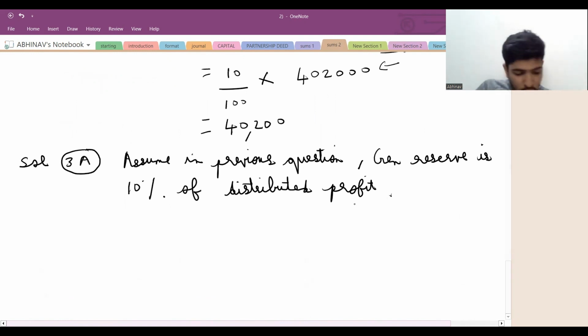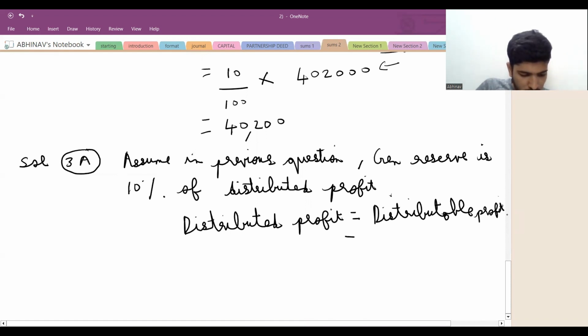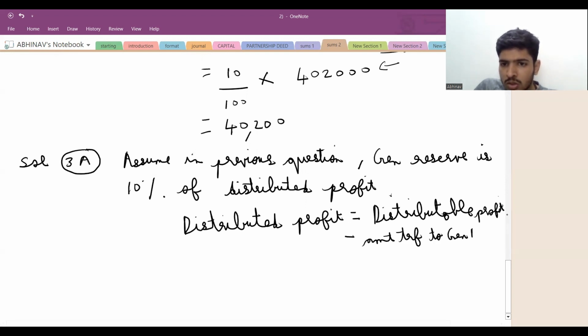These three are different. Now, I'm going to give you a formula for distributed profit. I want to write it down. Distributable profit is equal to distributed profit... is equal to distributable profit minus amount transferred to general reserve.